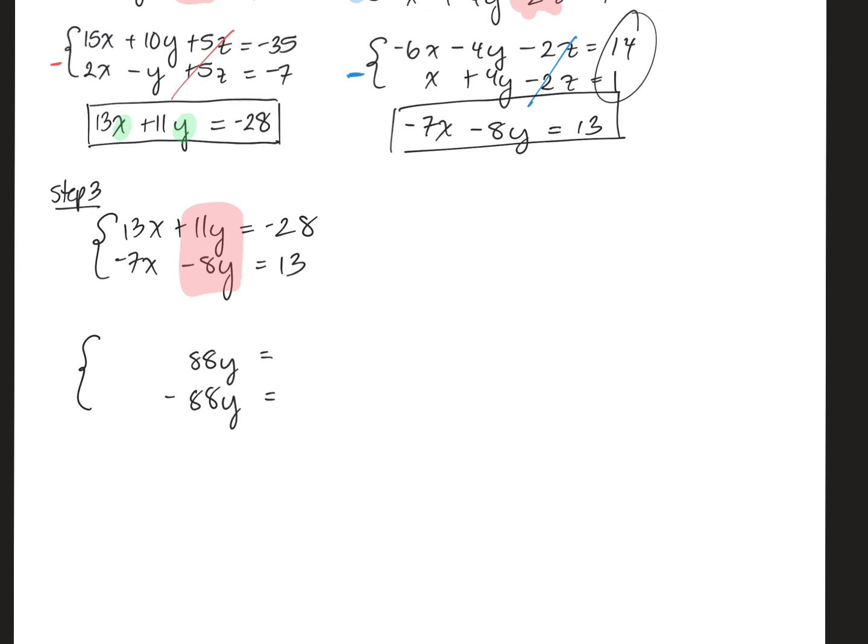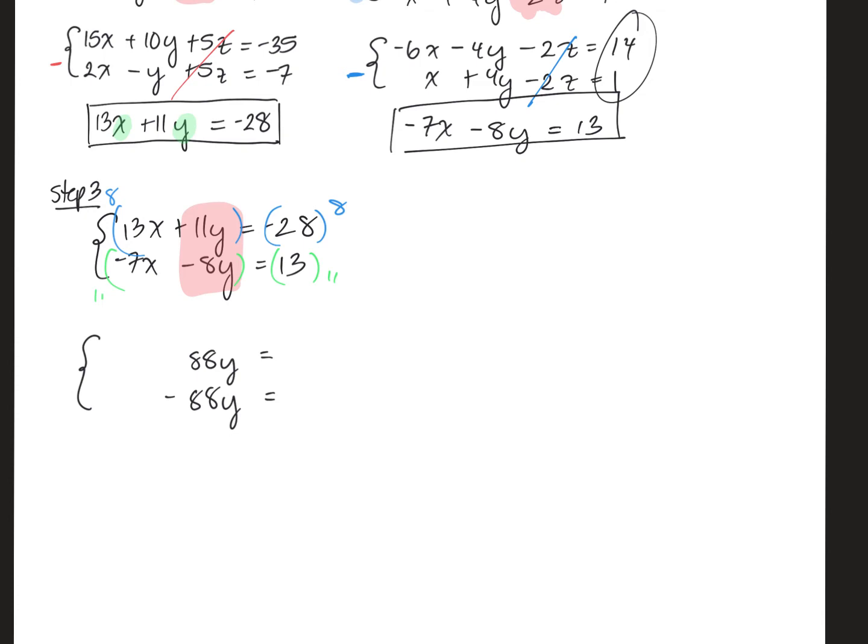Well, to do that, I need to multiply the top by 8, and the bottom, I'll need to multiply by 11. Once again, that means everything in the equation has to be multiplied by the same values. So I'm going to pull out my calculator because these numbers are getting large. It'll be 13 times 8, 104. 104x.